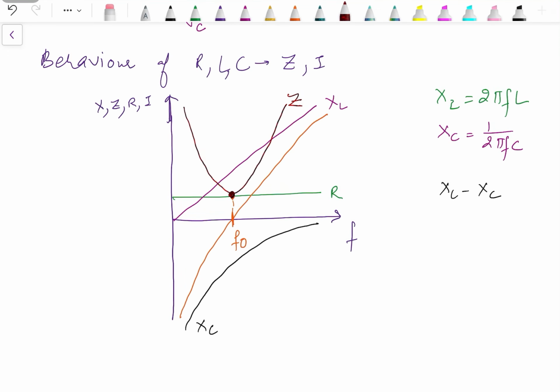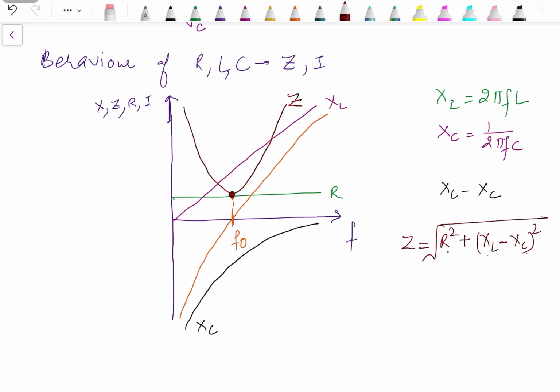And if we increase the frequency beyond the resonant frequency, it will also start increasing. This happens because Z is equal to the square root of R square plus XL minus XC square. At resonance, XL minus XC is 0, and Z is equal to R.